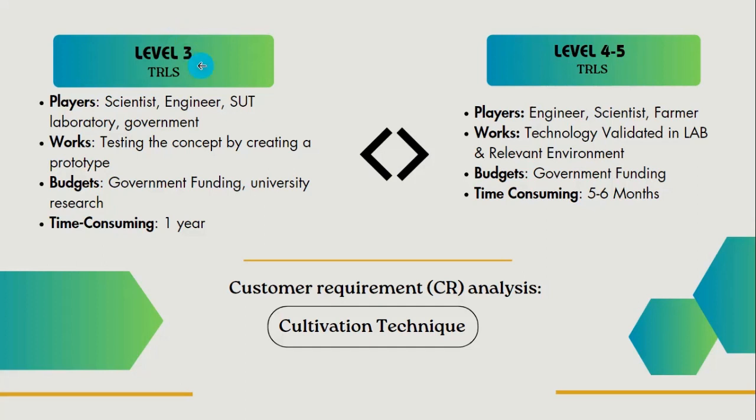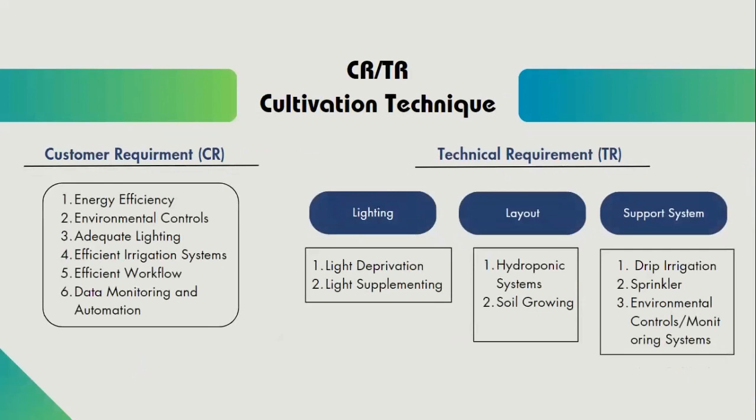For this cultivation technique, we analyze it based on customer requirements. There are six categories that the customer requires. First is energy efficiency. Second, environmental control. Third, adequate lighting. Fourth, efficient irrigation systems. Fifth, efficient workflow. Sixth, data monitoring and automation.